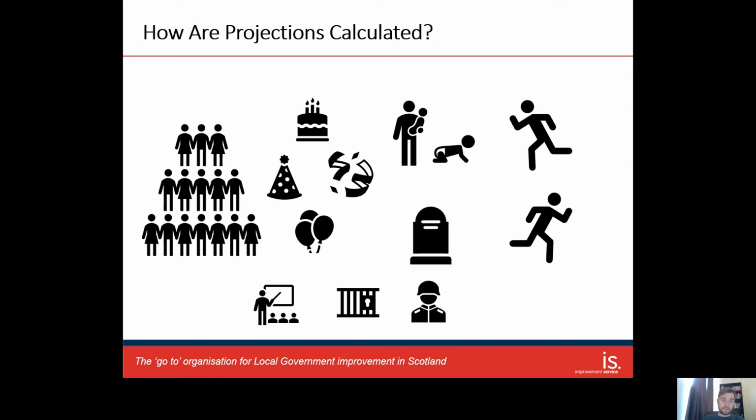And the last thing to say, and I'll talk about this later on as well, is we also ensured that our projections were constrained to match the National Records council area population projections. So our projections don't go any higher than them, or any lower than them. They're exactly the same at a council level.